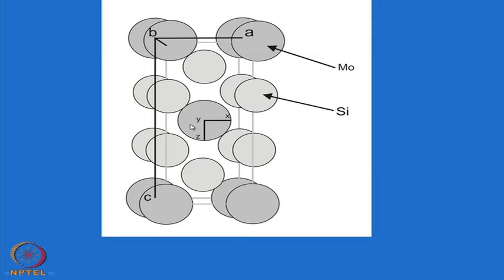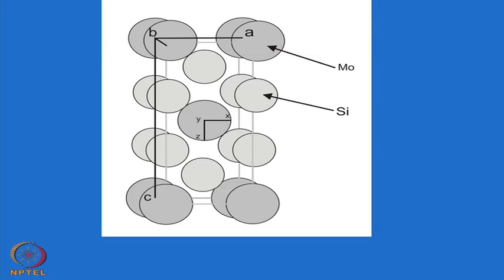Molybdenum disilicide has a very important industrial application. Like silicon carbide, which is a semiconducting material, some forms of silicon carbide have good semiconducting properties, and in fact it has been used as a high temperature semiconductor. So, the electrical properties of many of these non-oxide ceramics are quite interesting.